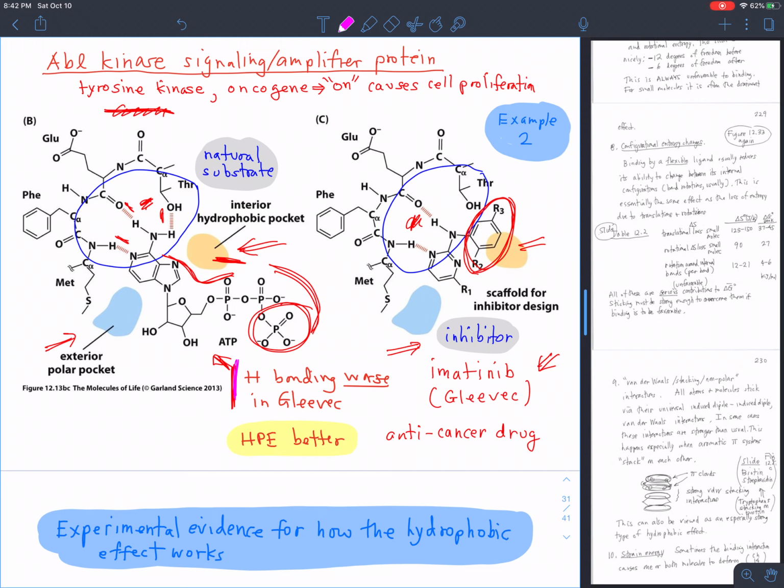It doesn't explain its high affinity. But on the other hand, it has this nice hydrophobic effect, and therefore it has a much stronger hydrophobic effect contribution to delta G, or entropic contribution to delta G. And that's the explanation for the strong binding by Gleevec to this particular pocket.